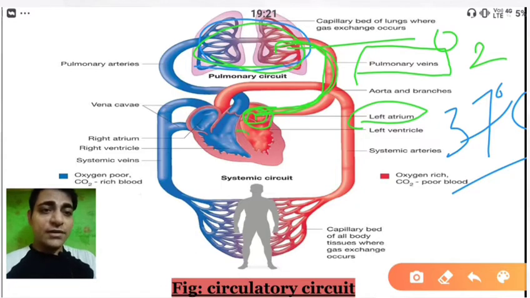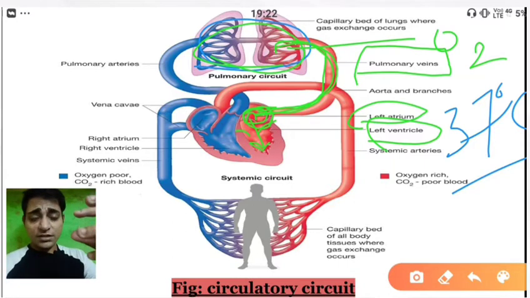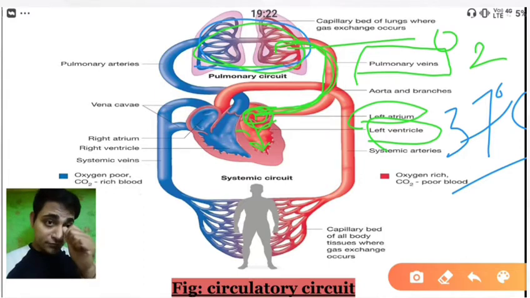Then the bicuspid valve, or this gate, will be opened, and the blood will be sent to the left ventricle. Now the left ventricle will relax, and at this time the left atrium will be squeezed, contracted, because it is sending the blood from the upper chamber to the lower chamber, from atrium to ventricle. Now when the ventricle has received all the blood from the left atrium, the bicuspid valve or mitral valve will be closed.